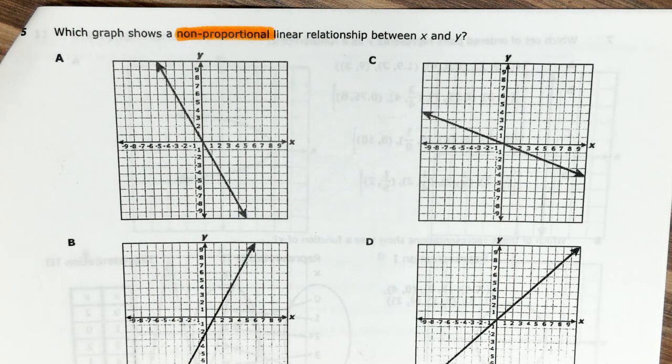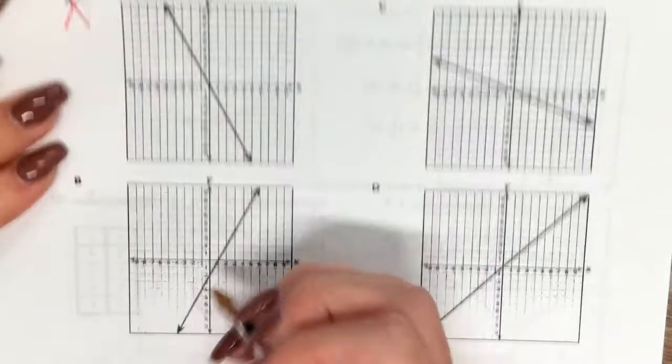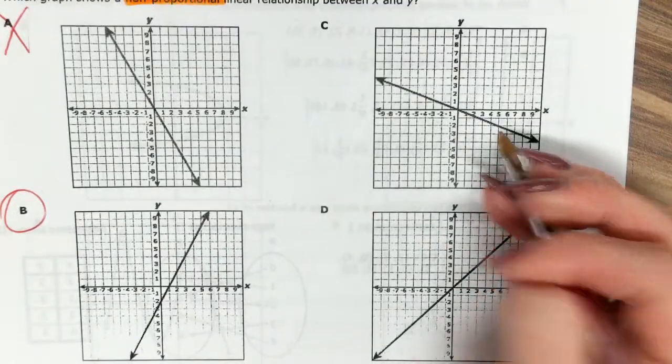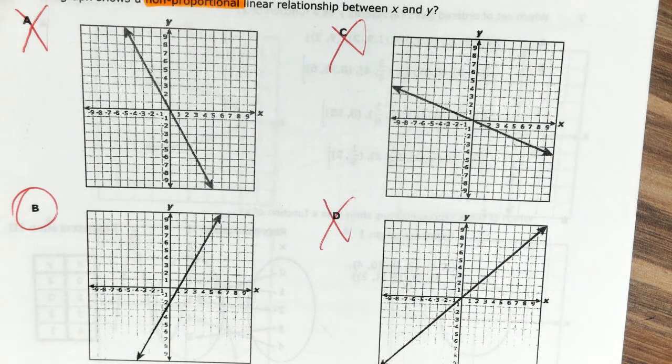So do I want it to pass through 0 or do I not? Do not. A passes through 0. B does not. C passes through 0. D passes through 0. Those are proportional. What if that says that on the test tomorrow? Then you pick the one that passes through 0. Are y'all good with that?